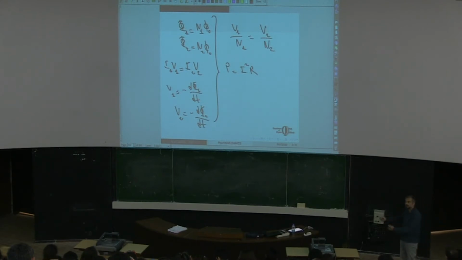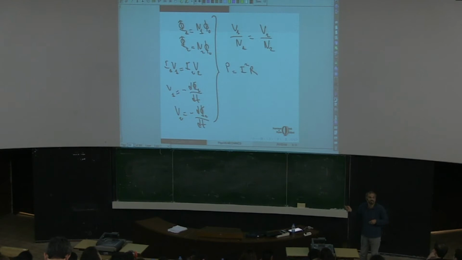You cannot just take a transformer, connect one end to a DC circuit, a battery, and hope to get a larger power on the other side. So the potential should be created by this changing flux only. Under those circumstances, if you have an AC current, you get this change in the potential of your current.